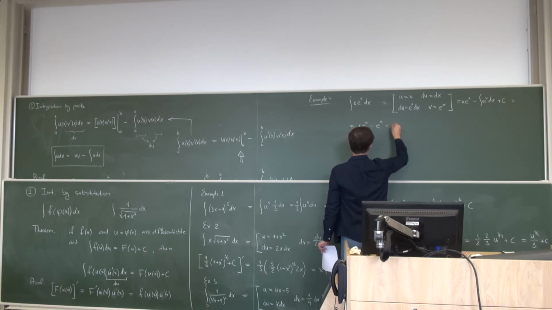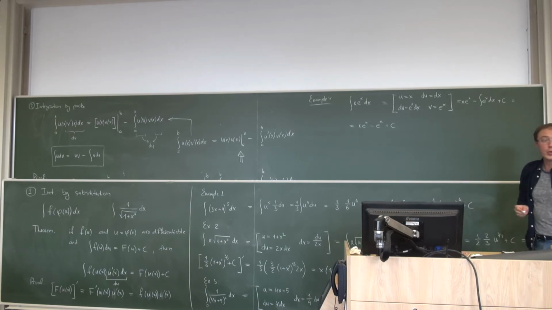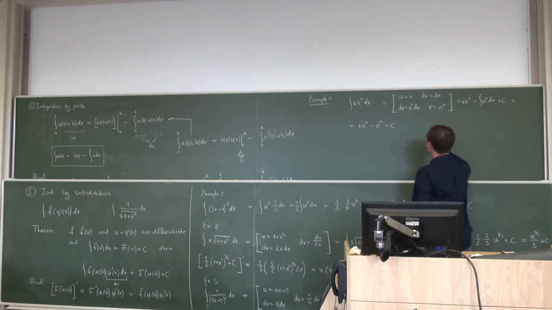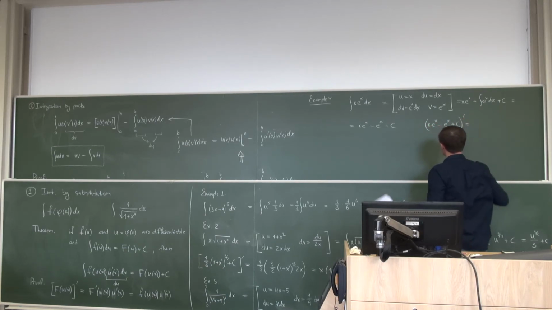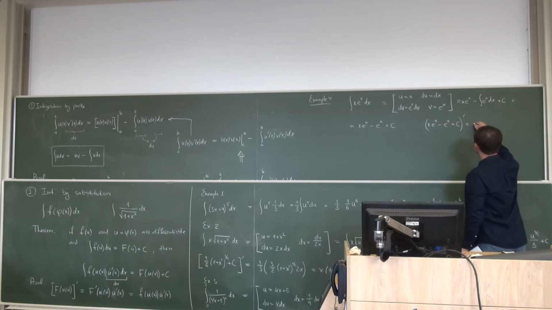X plus a constant. Again, it is a very good idea to differentiate this back because these are non-trivial transformations. X e to the x minus e to the x plus a constant, prime, product rule here. So this is e to the x plus x e to the x.